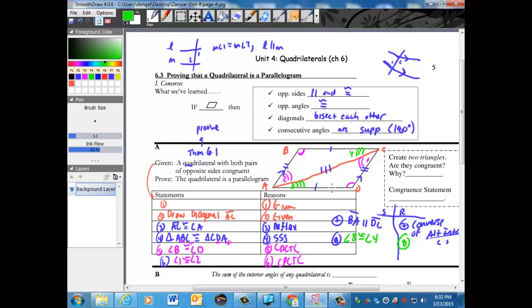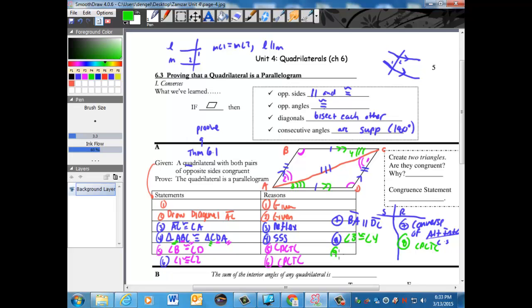But when you look at our triangles, here we have DAC and BAC, and so that would be angle A, and so let's put 3 marks for angle A and 3 marks for angle C. These two angles are each congruent by CPCTC. Okay, and now that means that these two lines are both parallel.